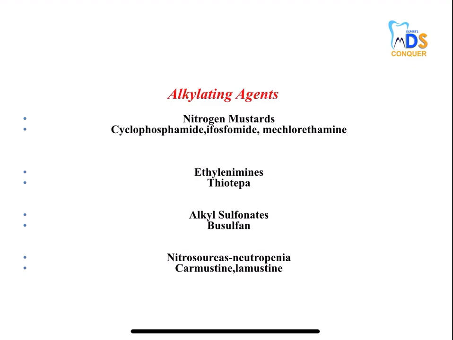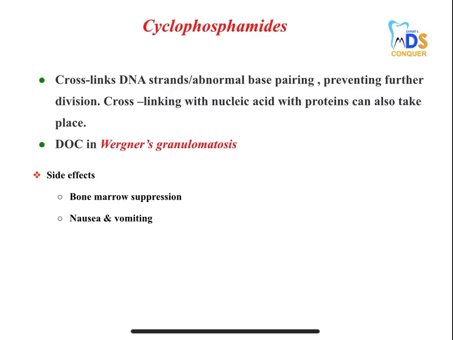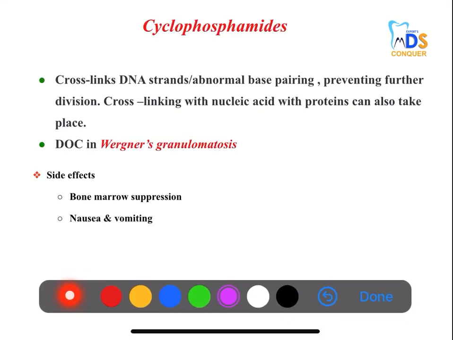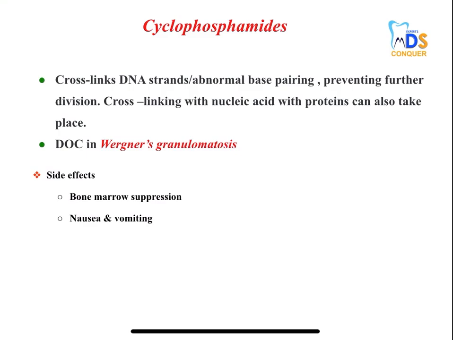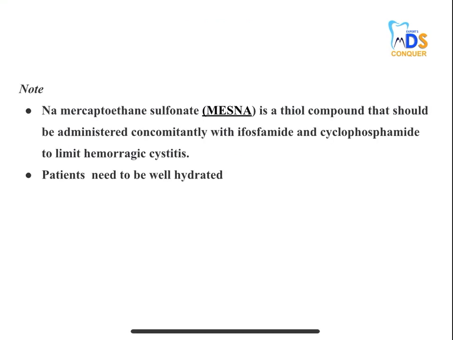Next, alkylating agents, with all the drugs clearly given: nitrogen mustards, ethylamines, alkyl sulfonates and nitrosoureas. Nitrosoureas cause neutropenia. Carmustine causes neutropenia, they can ask like that. Cyclophosphamide is a drug of choice in Wegener's granulomatosis, and the side effect is bone marrow suppression. Note Mesna, which can be administered concomitantly with cyclophosphamide or ifosfamide to limit the hemorrhagic cystitis.